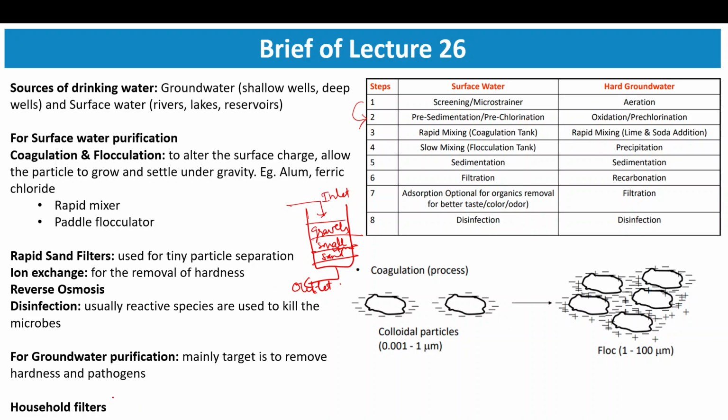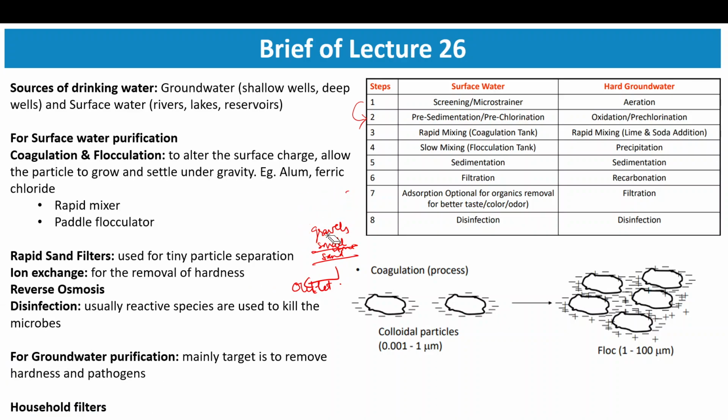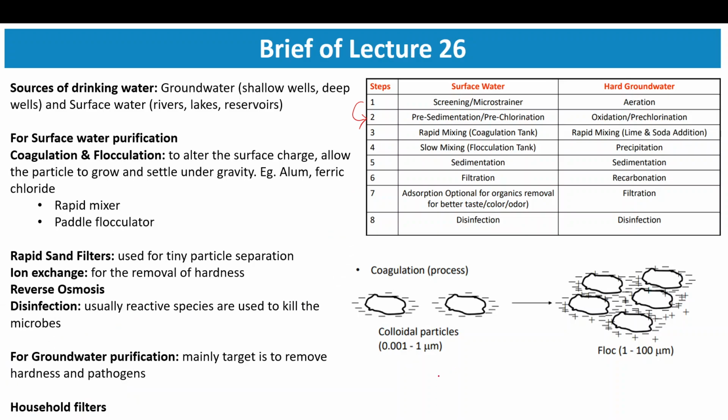Now, the separation occurs like this: for example, let's say these are two sand particles. Whatever the gap is, water will pass, and a bigger particle flowing through will get stuck here. So in a way it is blocking the passage for water to flow.